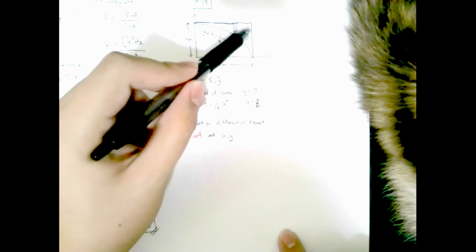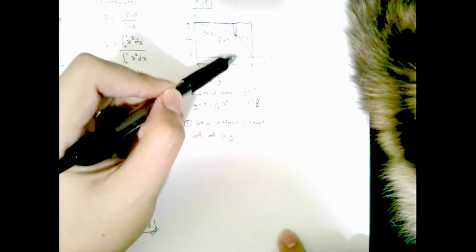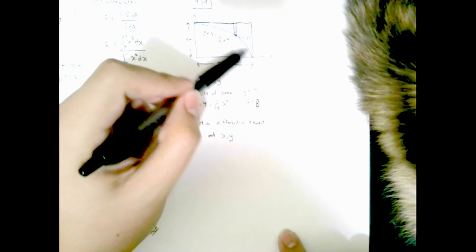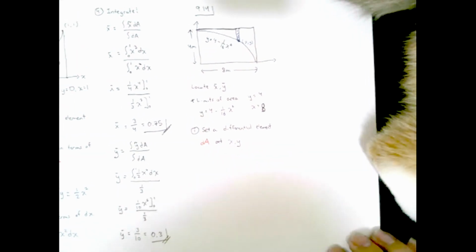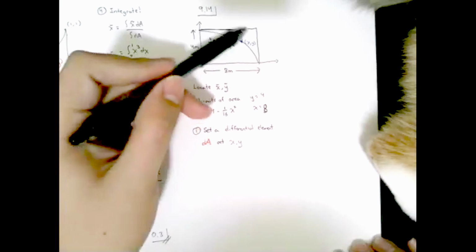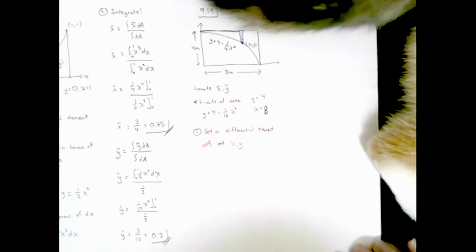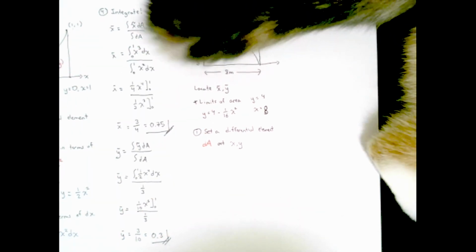So this is my shape. If I were to set my differential element all the way down here, I would be getting the centroid for this area. But I don't want the centroid for this area, I want this shape. Okay? Oh, okay. I see what you're saying. So the element has to be located inside the shape, inside your area. Okay. All right.